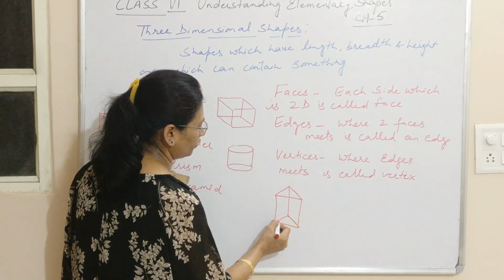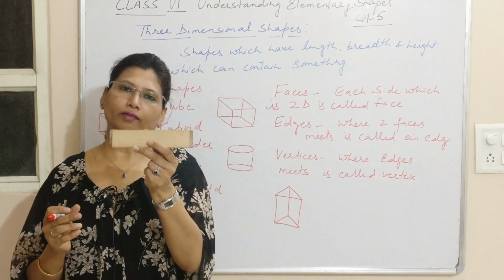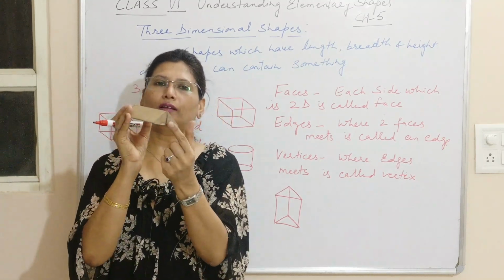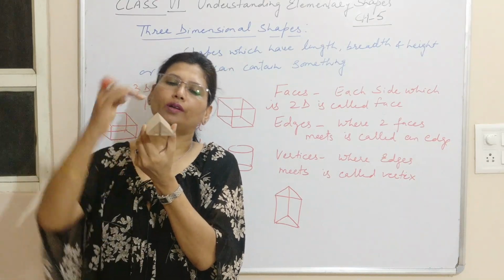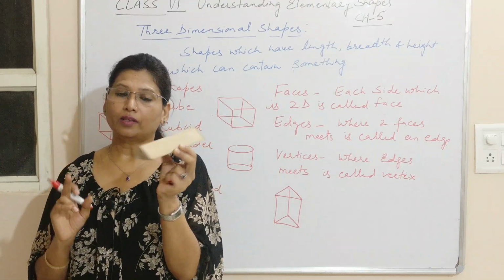So here we get this shape, and this shape is exactly like this. You have one triangle, you have another triangle, fine, and I have joined the vertex to the vertex, their corresponding vertices. How many faces does it have?